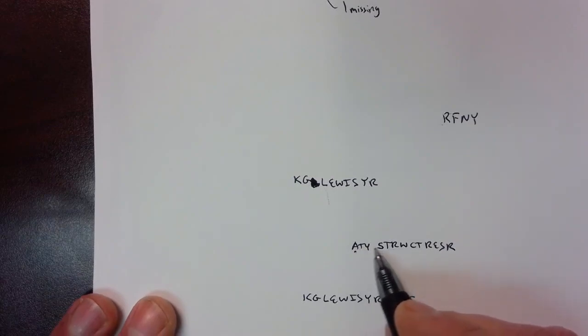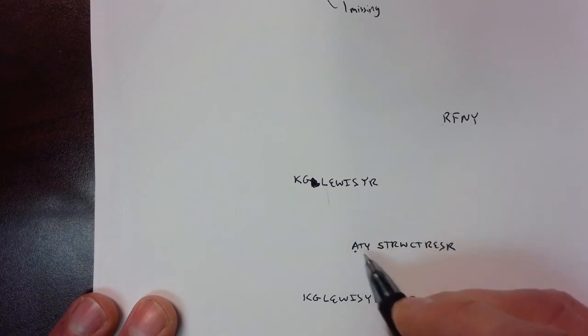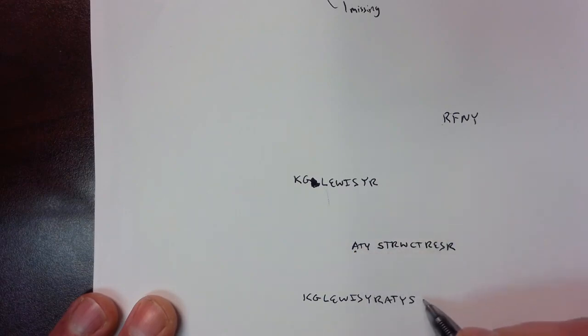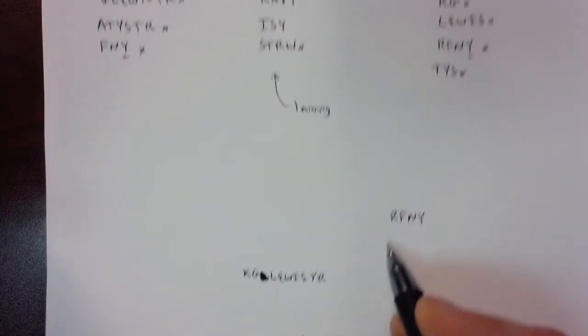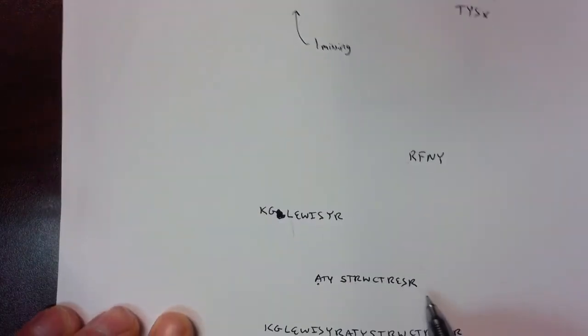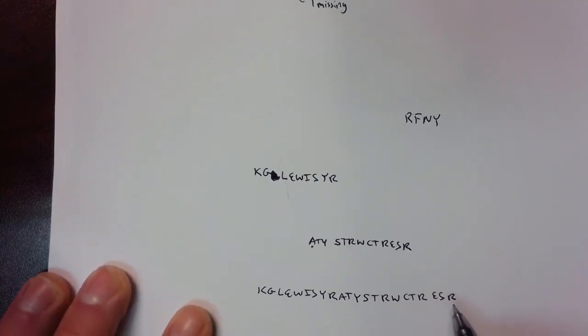But it's right here, TYS. YRA, TYS, TRWCTR, ESR, and then this R is probably this R, which is here, and then F and Y.